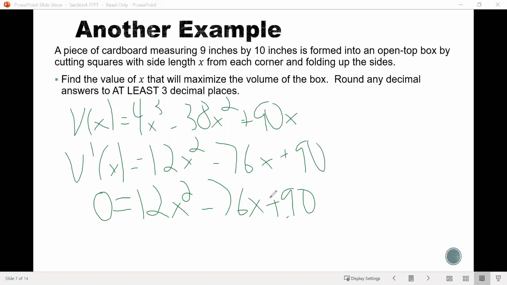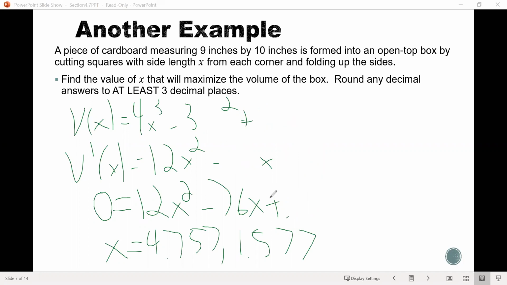When we do, I believe what we get is x equals 4.757 and 1.577. You can double check me on that. So those are both candidates for where a maximum volume could occur.